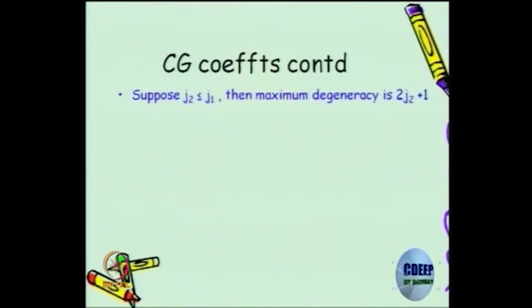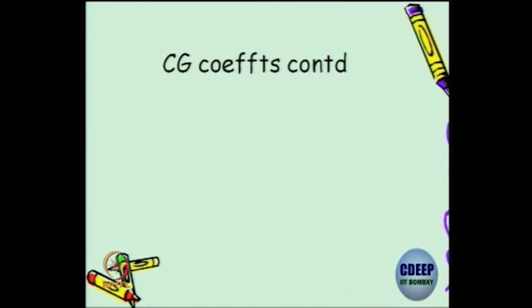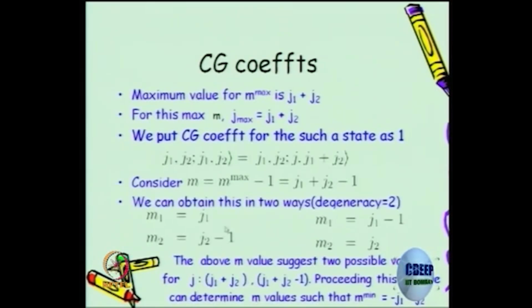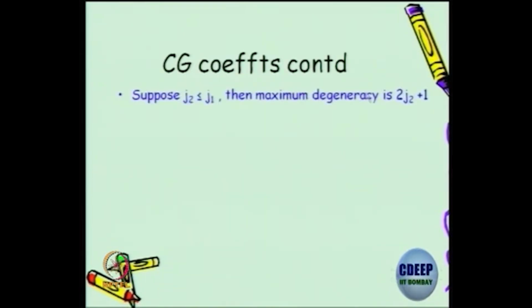Suppose we take, just for convenience, both of them to be equal angular momentum, or you can take one of them to be less than the other particle's angular momentum. And this kind of degeneracy evaluation which we did here, you can try to do it and you will find that the maximum degeneracy will not exceed the lower angular momentum.